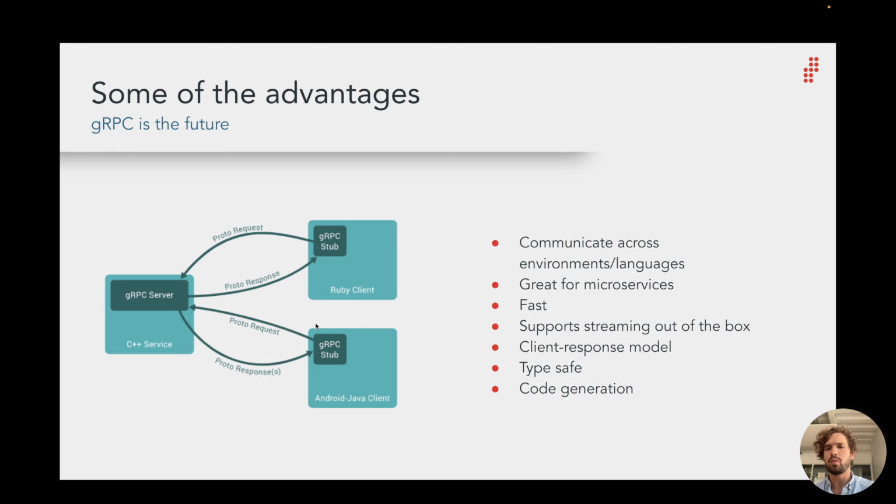And so all we have to do is simply implement this interface in a programming language, and we can then make use of the stub in a variety of different languages. Like here, for example, we have a Ruby client making hits to this server, and then we've got a Java client on an Android device making hits to this server. And so it enables these super distributed systems across a variety of environments and languages.